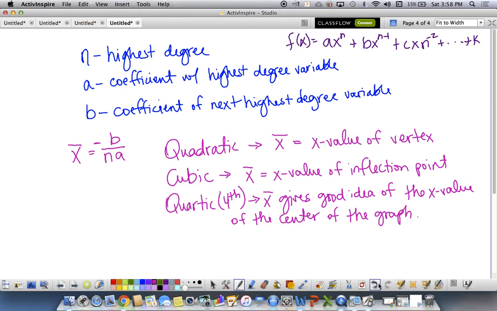And after the fourth, it really doesn't tell us a whole lot, okay? So we've got these three pieces and this formula. So when they ask you to sketch the graph, they don't want any great, huge details. So here we go. We're going to try to finish this lesson.